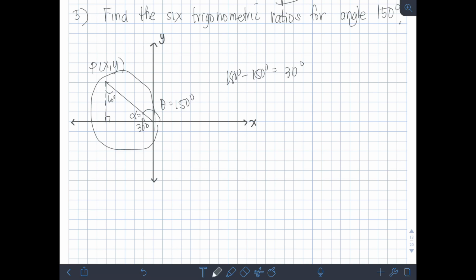Pero, gamitin na lang natin yung definition natin ng coordinates. So, pwede tayong mag-assume ng value dito ng hypotenuse or r. So, para madali, assume natin na yung r natin dito ay 1. Kasi sa trigonometric ratio, the dimension does not matter, right? So, pwede tayong mag-assign ng dimension doon sa reference triangle natin.